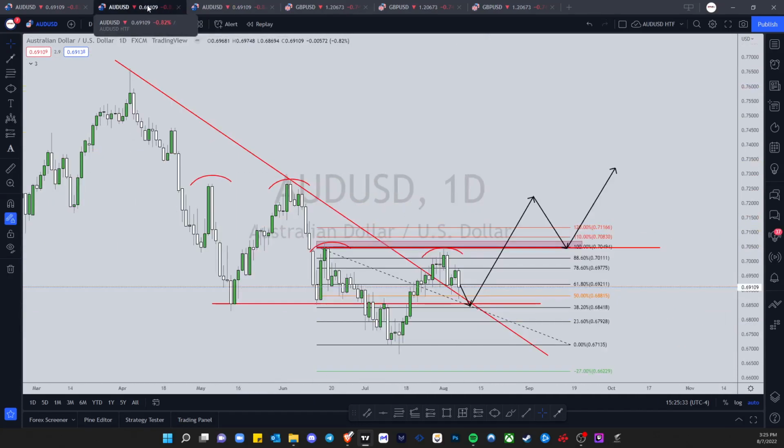So you gotta remember, all the time frames are connected. It's like a trend within a trend within a trend, and each time frame is building up for the other time frame. I'm not saying what I drew right now is likely gonna happen on AU next week or this month.